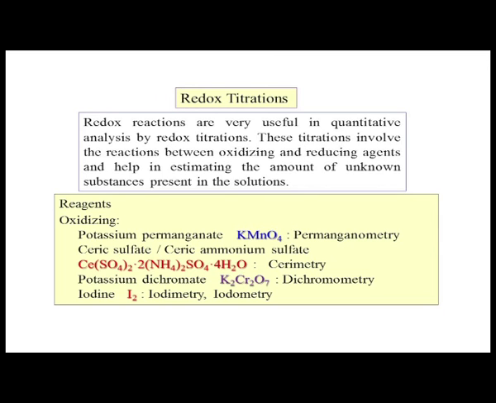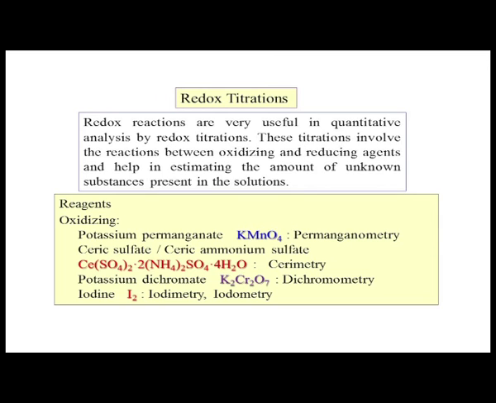Similarly, we can have ceric ammonium sulfate or ceric sulfate, which is a double salt like Mohr's salt. So, we call it cerimetry. Iodine can be utilized in 2 well-known redox titrations. One is iodometry, where iodine is liberated from the medium, say from potassium iodide, and the corresponding amount of iodine is estimated by titration.